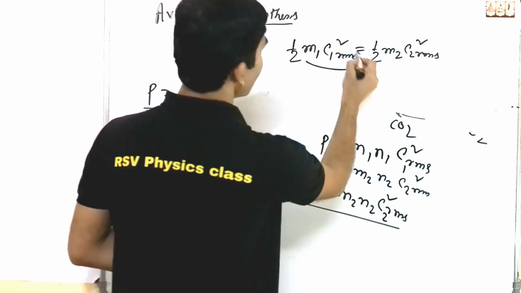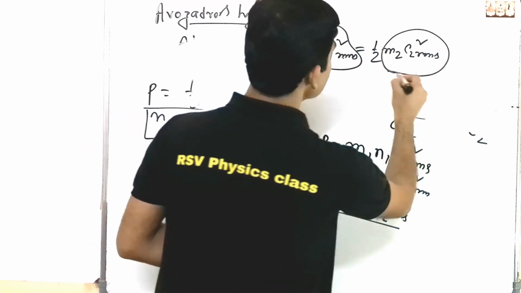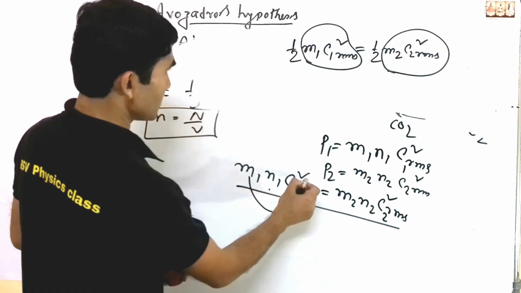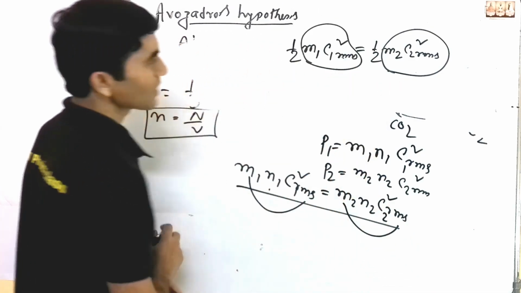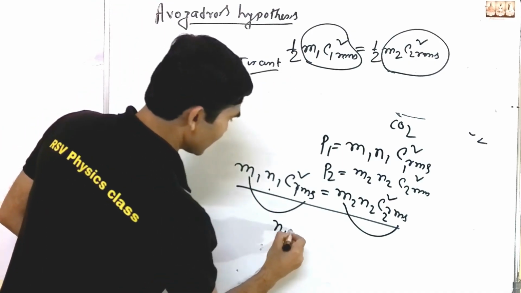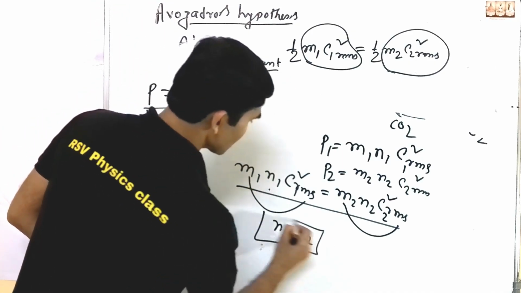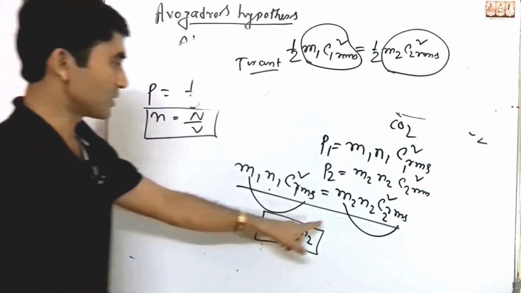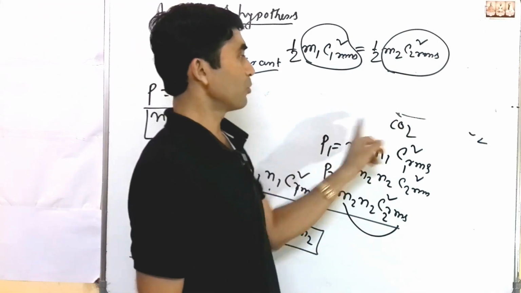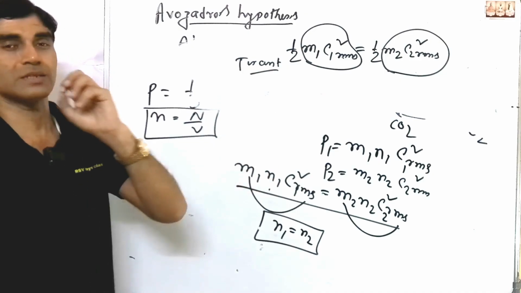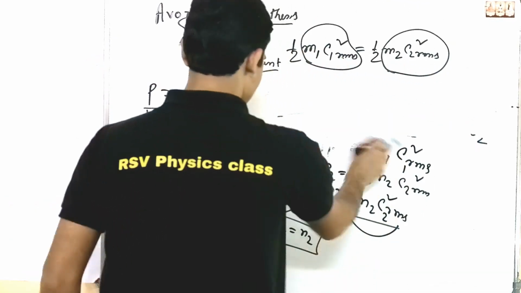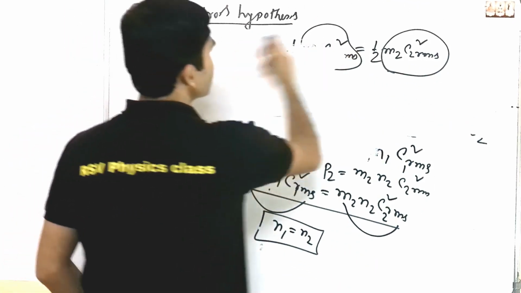So m1 c1 rms square and m2 c2 rms square is same, as kinetic energy at constant T is same. Then you can write n1 equal to n2. So number of molecules per unit volume, अगर वॉल्यूम से मल्टीप्लाई करेंगे, सो नंबर ऑफ मॉलिक्यूल्स that much volume will be same, whether it is oxygen molecules or carbon dioxide molecules. Okay. So this is the proof of Avogadro's hypothesis.